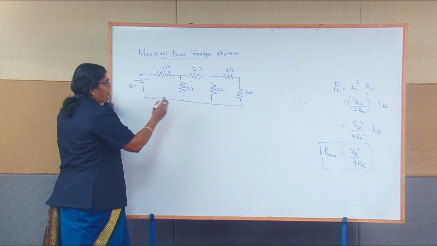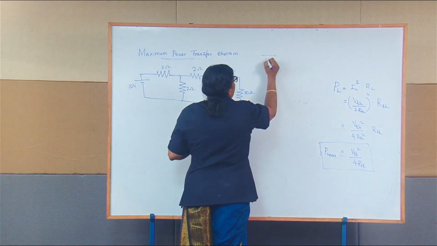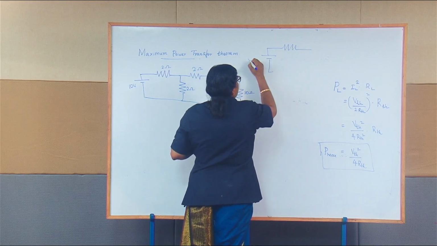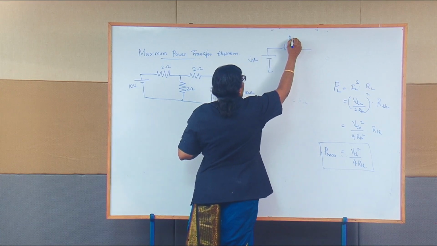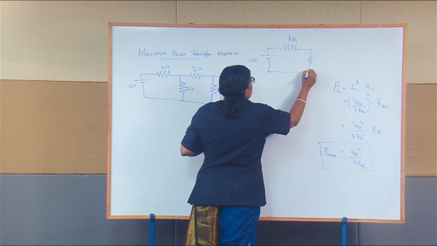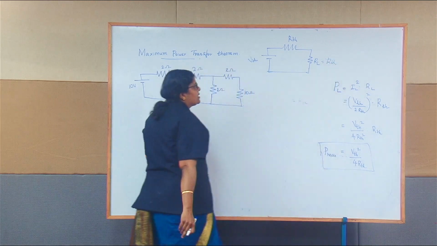For the maximum power transfer theorem also, we initially have to get the Thevenin's equivalent circuit, where V Thevenin and R Thevenin have to be calculated. Then you substitute the RL value as R Thevenin and find the maximum power.